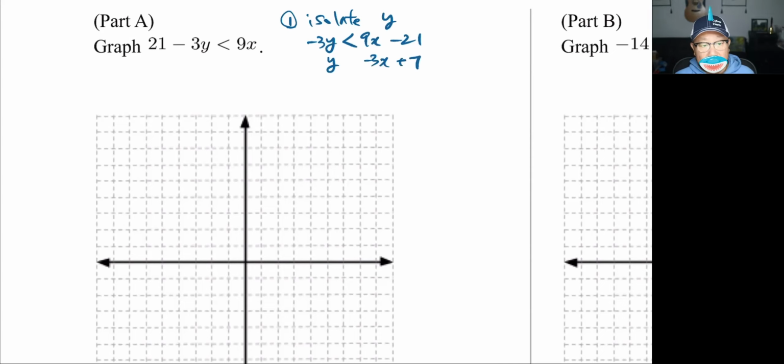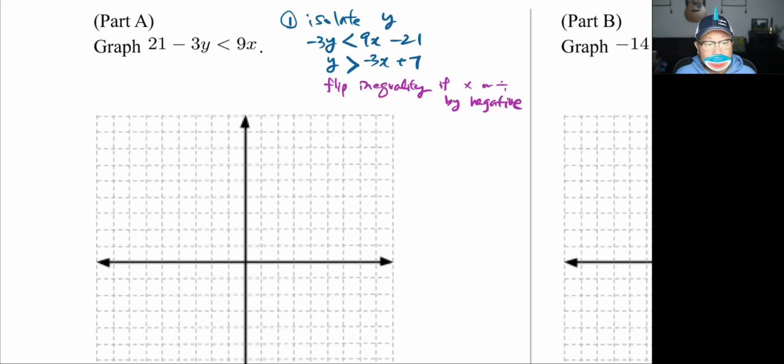But as you know, as soon as we divide by negative, we need to flip it right away. Boom, right there. Okay? Remember, flip inequality if you multiply or divide by a negative.